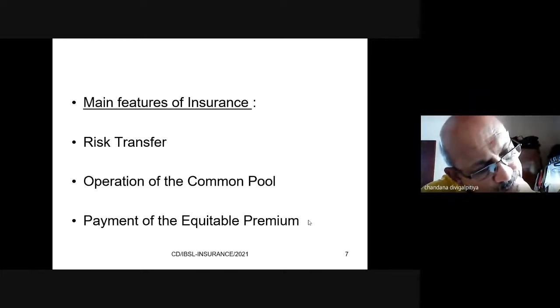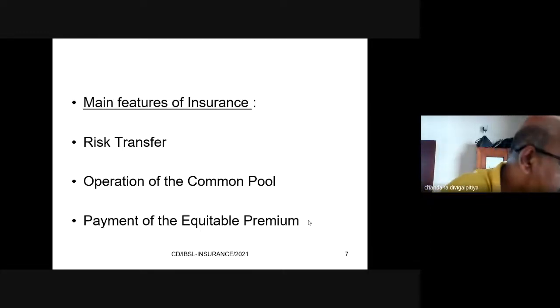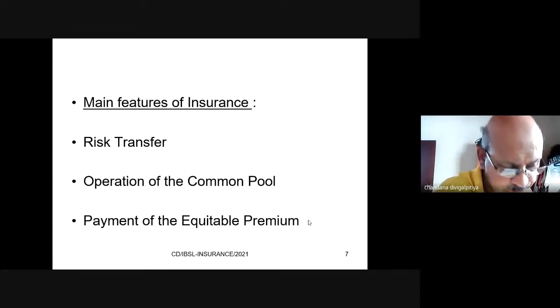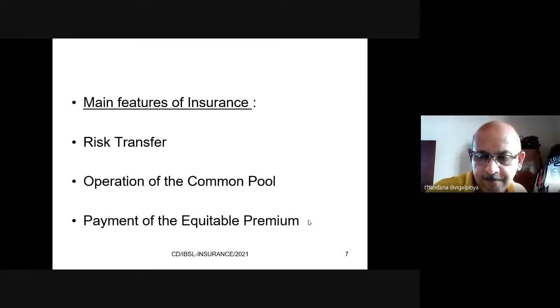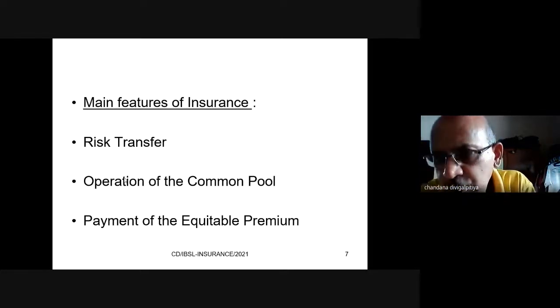It's called the equitable premium and not the equal premium. Right. Are these three clear? So basically risk transfer, common pool, you charge a premium. That's all here.